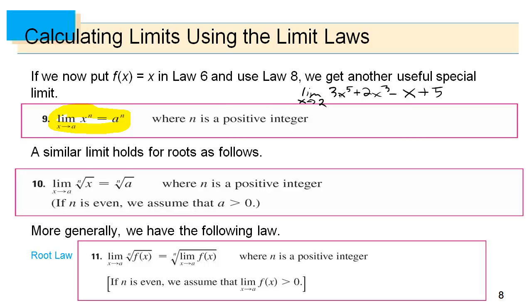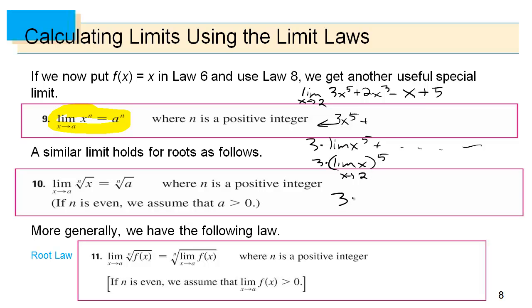Well, the limit laws tell us that we can take each of these pieces separately. So now we're just looking at 3x to the fifth plus and so on. Then the constant law tells us we can take that 3 out. So now we have 3 times the limit of x to the fifth, plus all the other stuff. Then the power rule tells us that this is just going to be 3 times the limit of x as x approaches 2, raised to the fifth, and we know that when we're taking the limit as x approaches a number of just x, we just get that number.